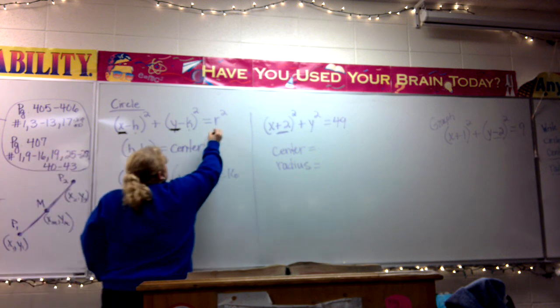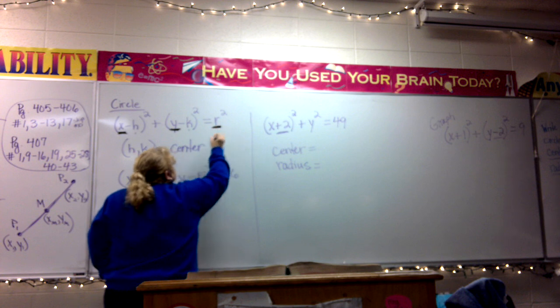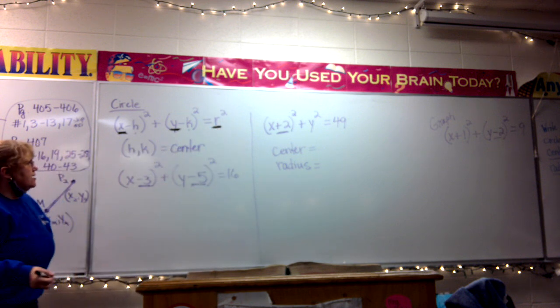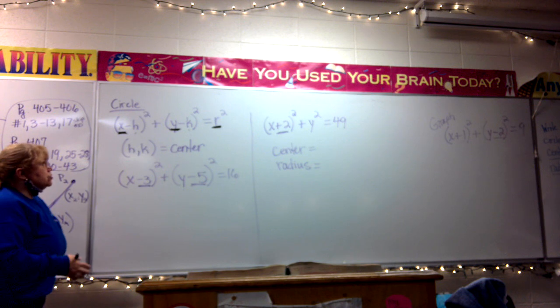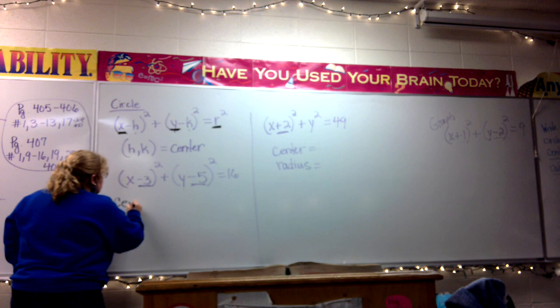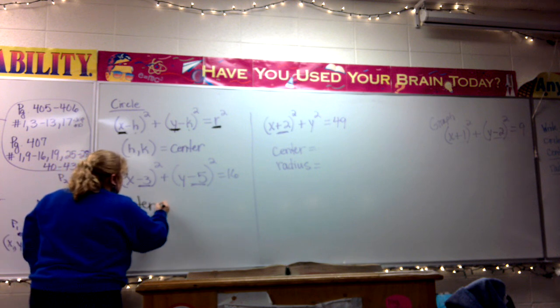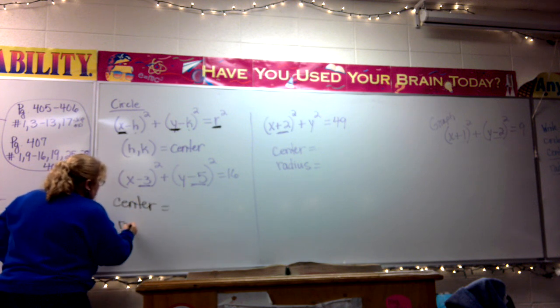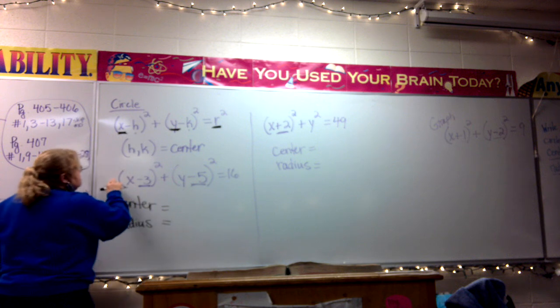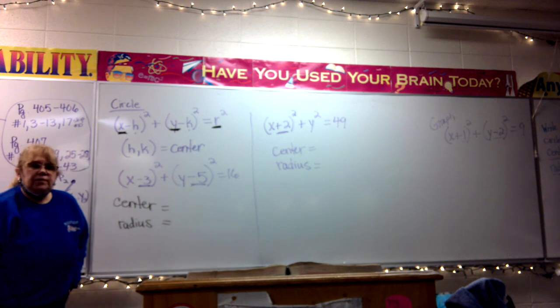Over here, the radius of the circle squared is the value that you have on the other side of the equation. So it's not going to be very difficult today. They ask you to give the center and the radius of the circle when they give you the equation.